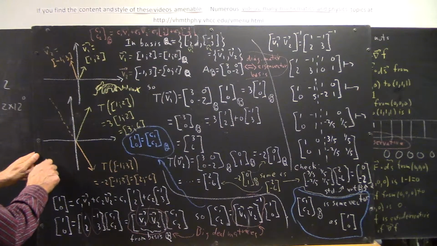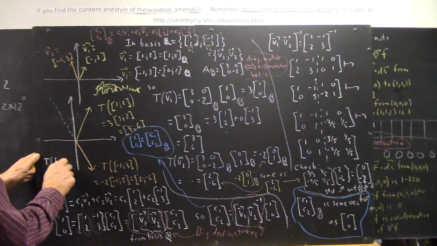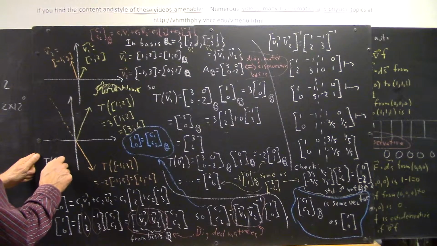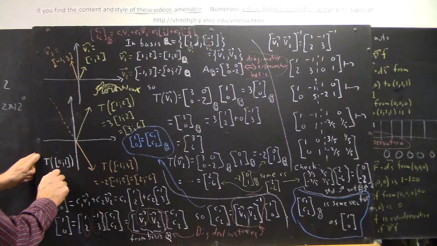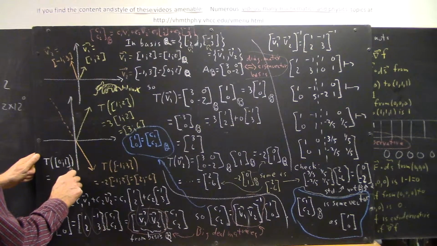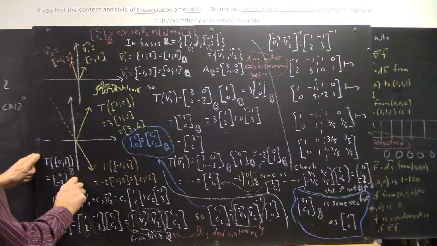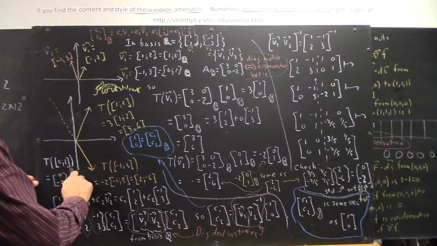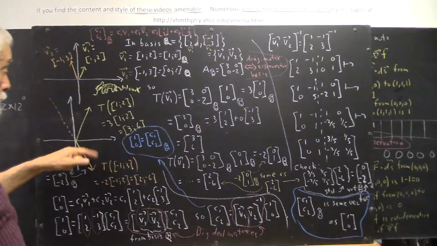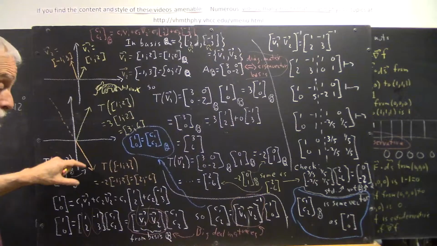Now, let me just indicate also that T of 0, 1 is 0, negative 2 with respect to the basis B. This is the vector 0, negative 2. It's 0 of these minus 2 of these.